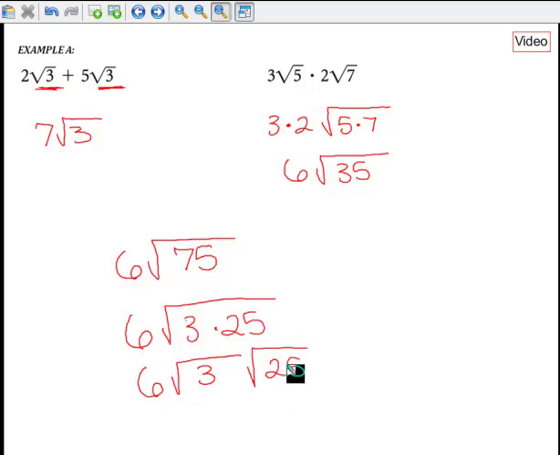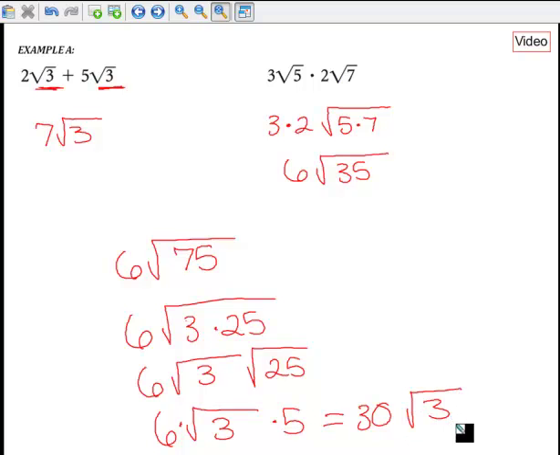And since I know the square root of 25, that can be 6 times the square root of 3 times 5. And now I can simplify even further. 5 times 6 gives me 30 square roots of 3. All right, so you can multiply underneath the square root to simplify, or you can simplify and expand underneath a square root to get a more simplified version of your answer.